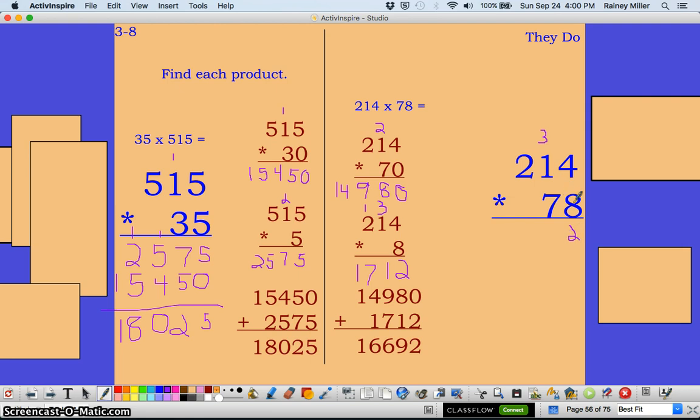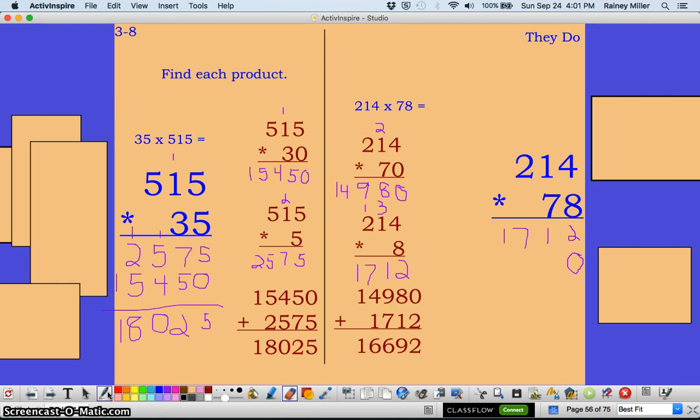Okay, 8 times 1 is 8, plus 3, that's going to be 11. 8 times 2 is 16, plus 1, that's going to be 17. Okay, I put my 0 in the ones place to show that I'm moving on to the tens place now. And so I don't get confused, I go up to the top and erase this stuff.